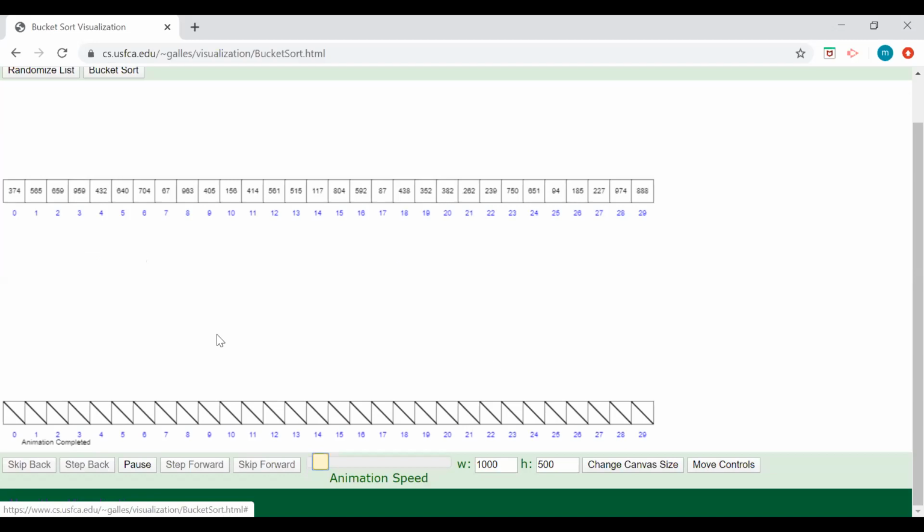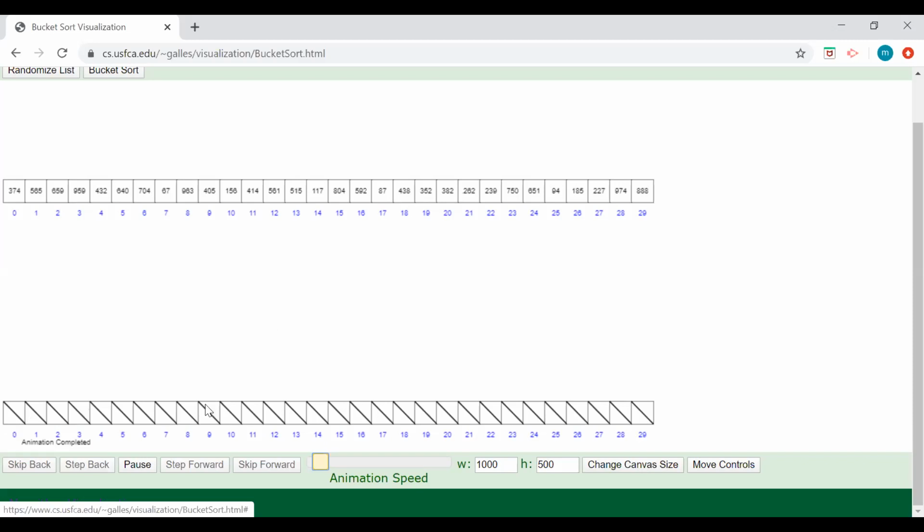Let's take a look. There's 30 numbers, right? From 0 to 29 here. Even when you see the visualization here, it might be a bit different from what I explained, but that's more for the visualization. The algorithm is the same algorithm.